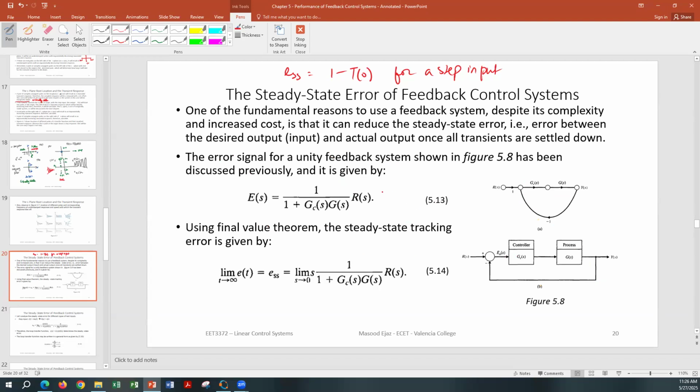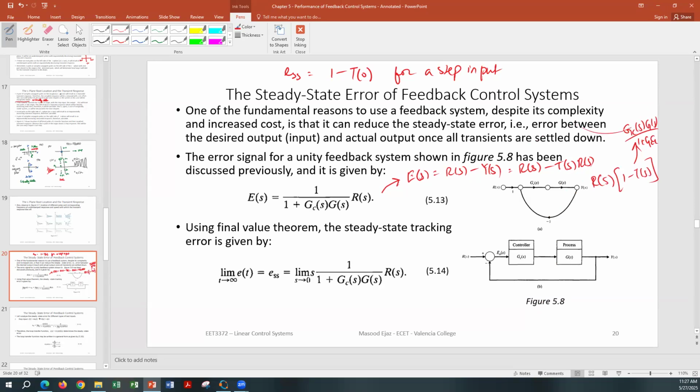Now remember, this equation is coming from E(s) is equal to R(s) minus Y(s), and Y(s) of course is T(s)R(s), so the transfer function of this is 1 minus T(s), and the transfer function we know is Gc(s)G(s) over 1 plus Gc(s)G(s).